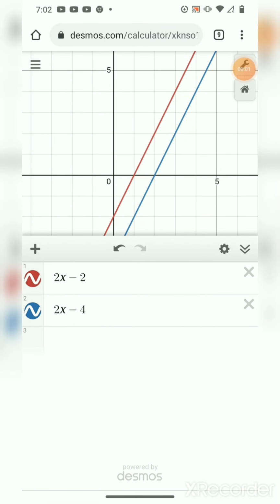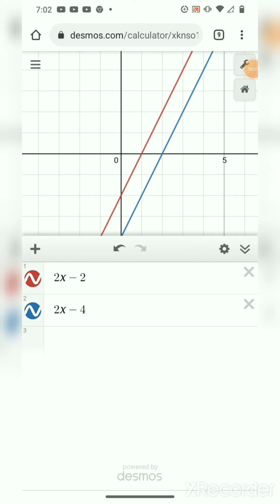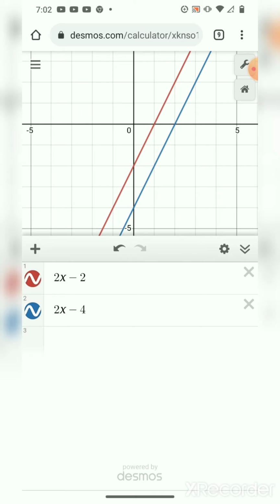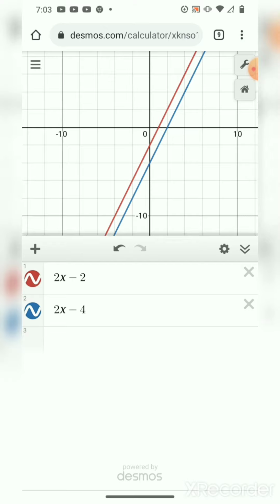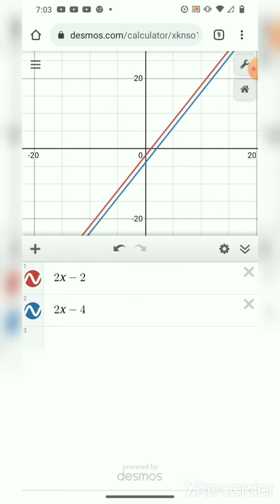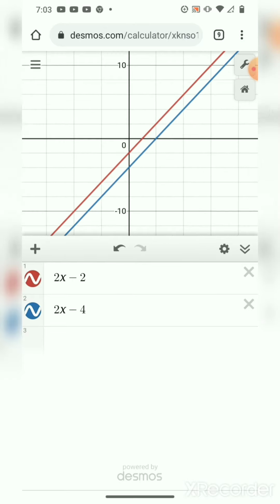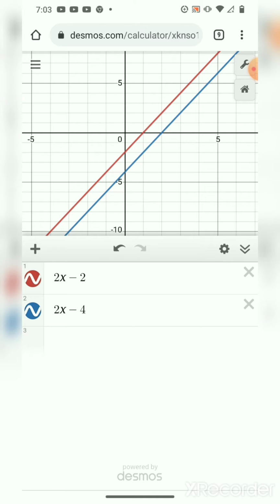The other way is actually graphing it and visualizing it. So here is the graph to prove this is a no solution question. The red line is 2x minus 2, which is the top equation. The bottom equation is 2x minus 4, which is colored in blue. As you can see, as we scroll out, the lines never, ever touch each other.